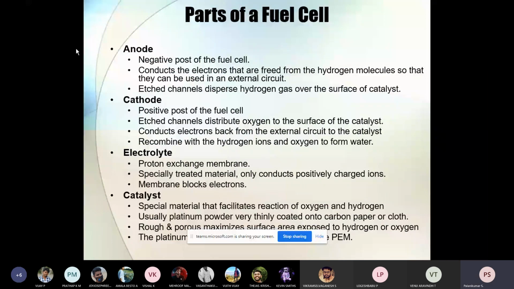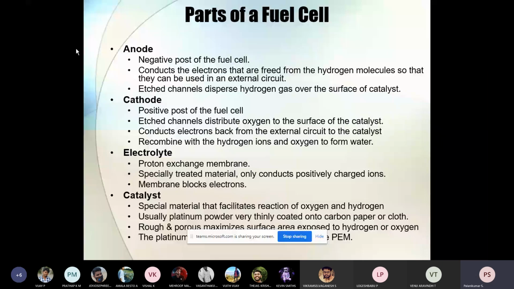It conducts the electrons that are freed from the hydrogen molecules. As I already told, hydrogen is split into two ions, H plus, and then I have two electrons. These freed electrons can be used in external circuits, because the flow of electrons is nothing but current.